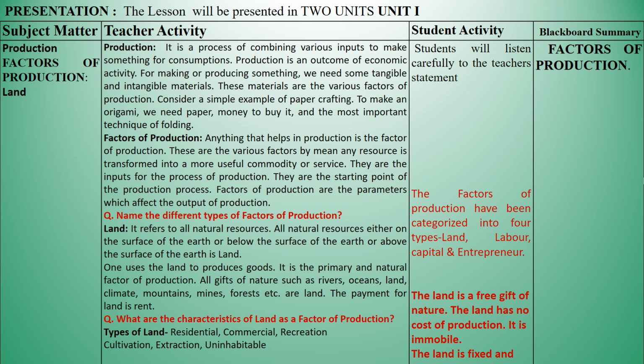The land is fixed and limited in supply. After the developing question, another teacher's statement, that is, types of land, will continue. The land is of following types: residential, commercial, recreation, cultivation, extraction, and uninhabitable.